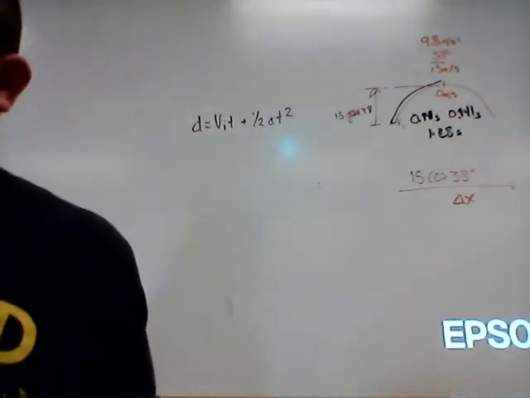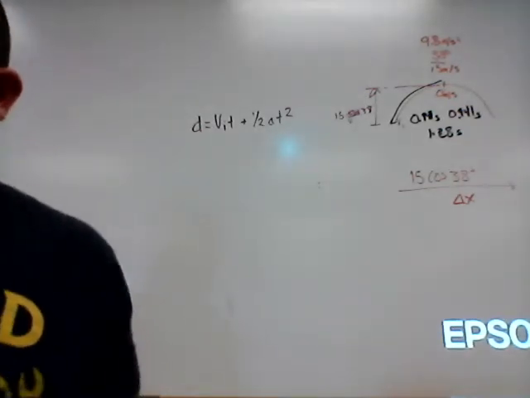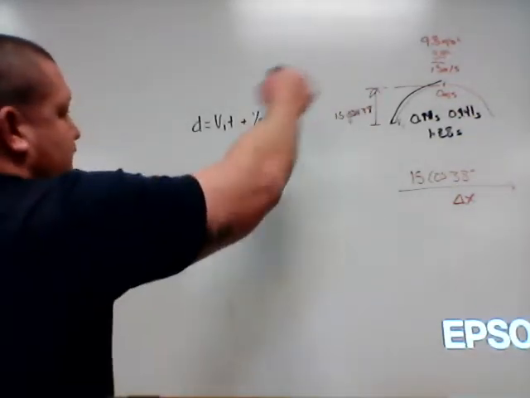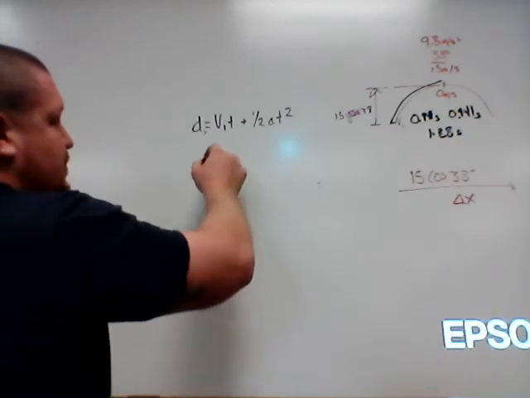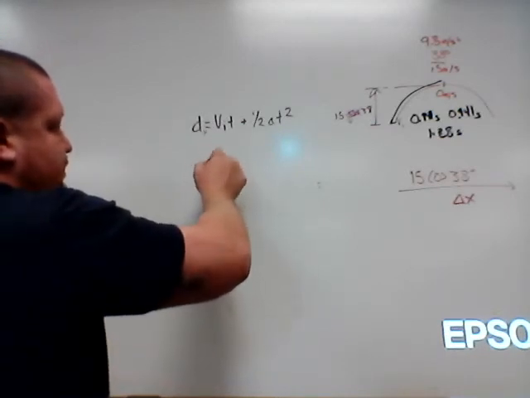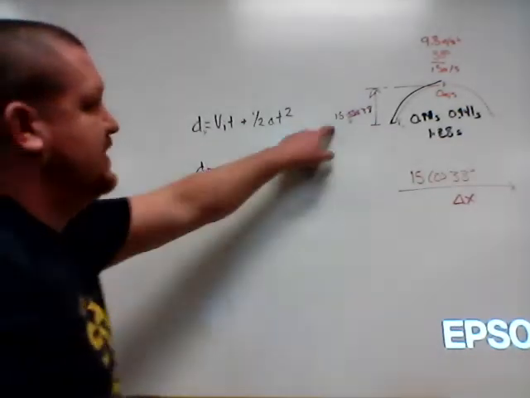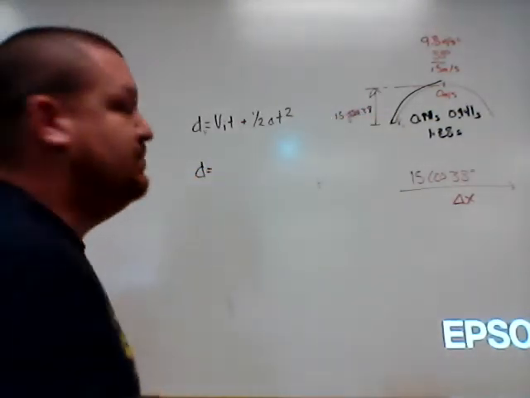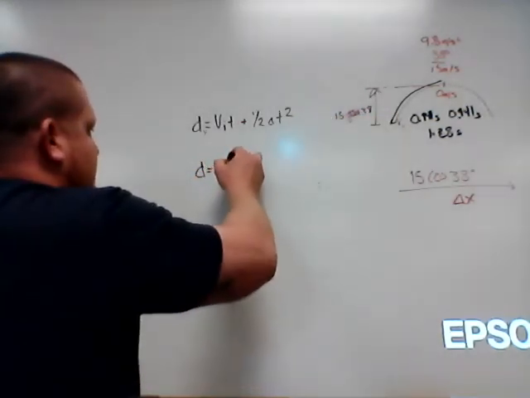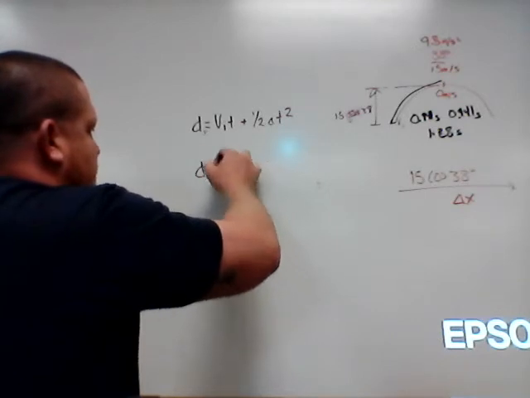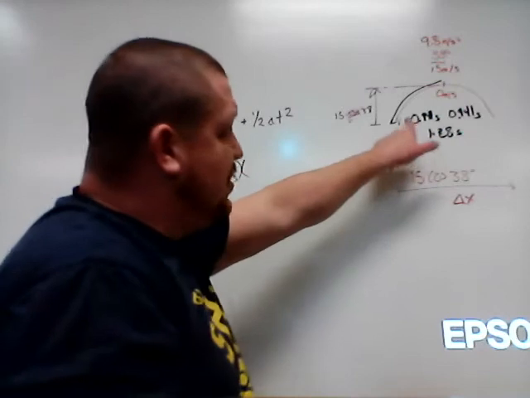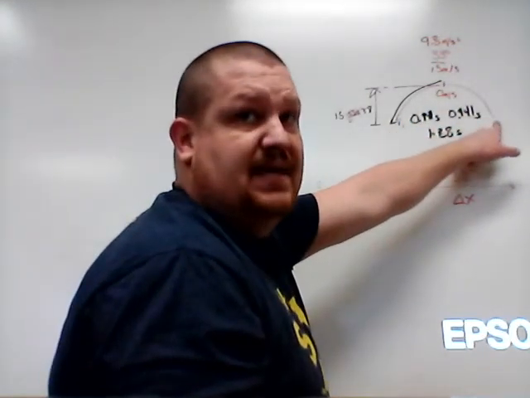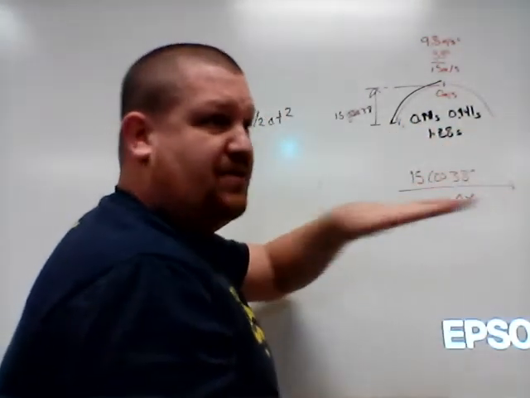So when I'm looking for my change, this is y, right? We're looking at the distance y. We're going to go initial velocity, which is 15 sine 38, which is 9.23. Our time, we're not going to use the time of the whole flight, because by that time we're already back down to ground level.